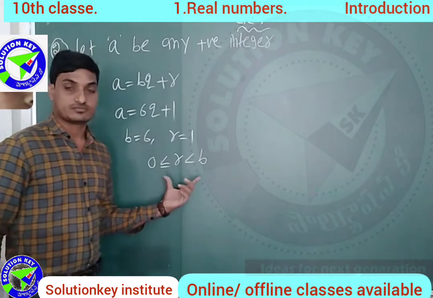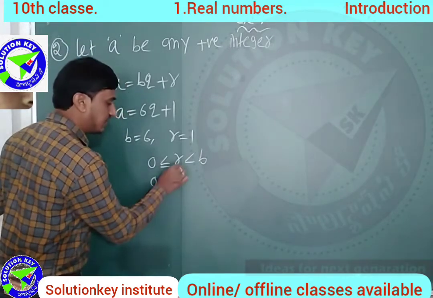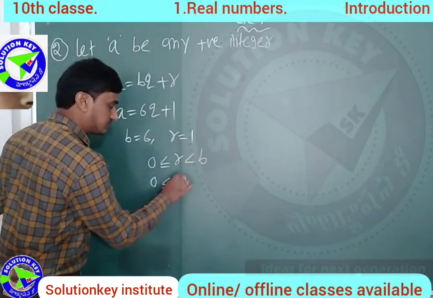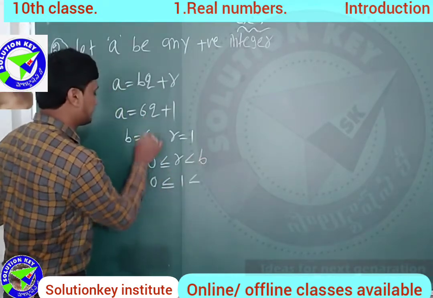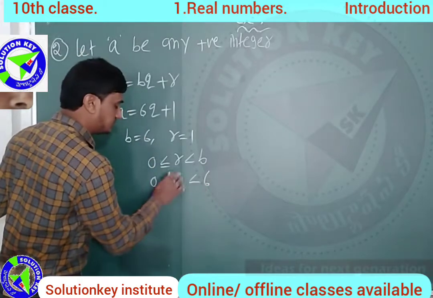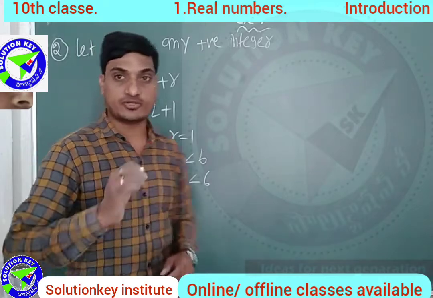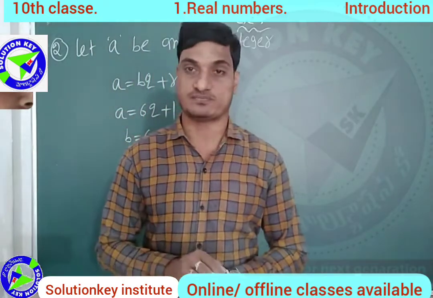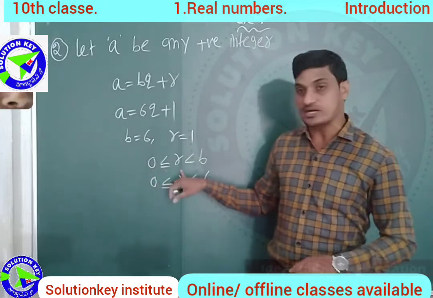Then what is the condition? 0 is less than or equal to r is less than what now? Remember, b is what? 6. The remainder will be less than 6. You have to take numbers from 0 to 6. That is the condition: 0 is less than or equal to r is less than b.